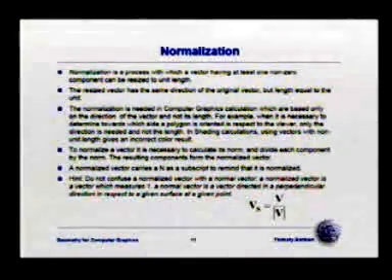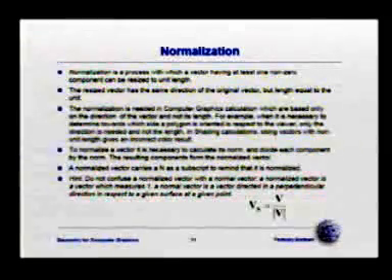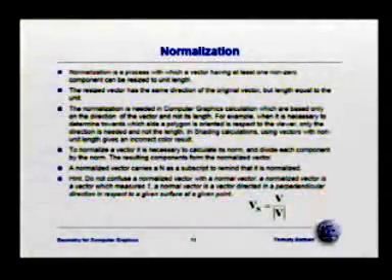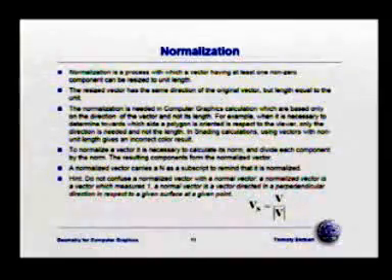So to be sure that I am using only the direction of a vector when I'm performing vector multiplication, and I am not also multiplying the length of the vectors, usually it's a good practice to normalize all the vectors I want to use just because of their direction. So when I do not want to use the length, I normalize the vector and then I use the normalized vector to perform the multiplication.